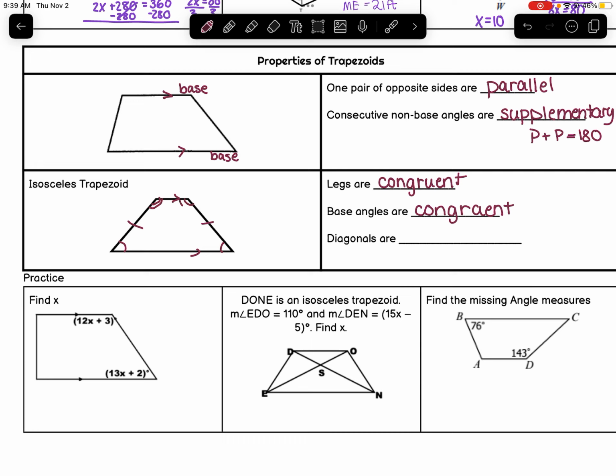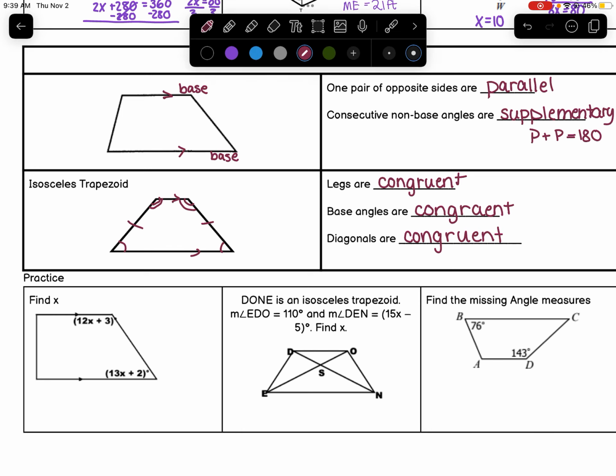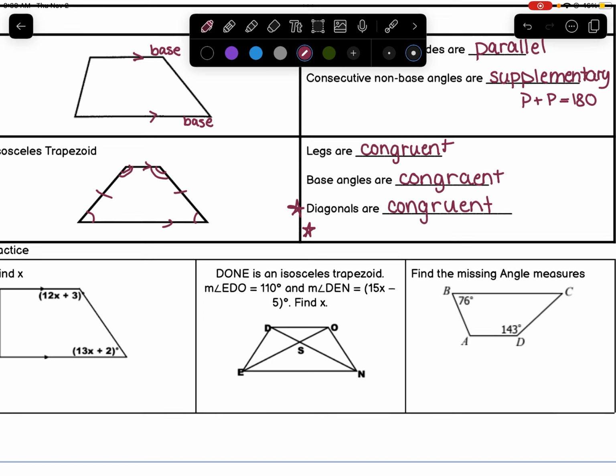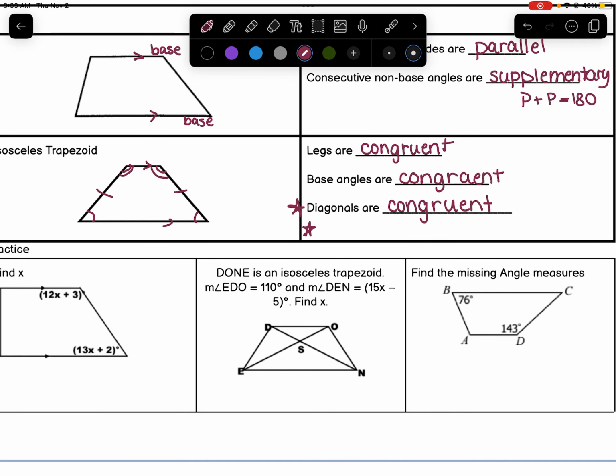These two angles are congruent. And the diagonals are congruent as well. We're not going to draw in the diagonals. I just think it makes the picture a little bit too busy, but this is a really important thing to know. And then the last thing, a kind of bonus property in isosceles trapezoids, opposite angles are supplementary.